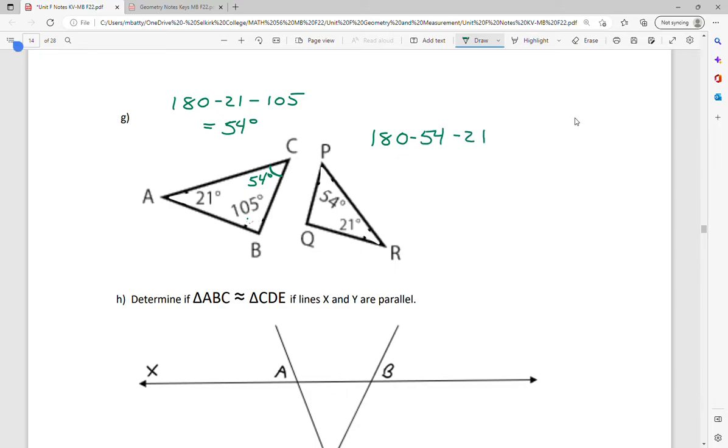Subtracting what we know from 180, we find that it matches. It's 105 degrees. And so this angle in here is 105 degrees. And so they weren't labeled. The given information didn't tell you that they had two angles that were the same, but with a little bit of extra sleuthing here, we could say that these are two similar triangles, and the proof would be an angle-angle reality here.